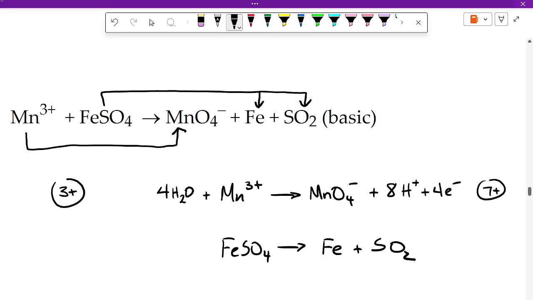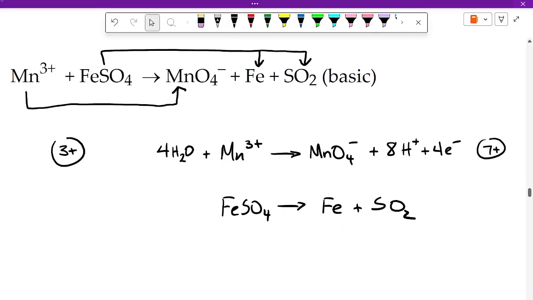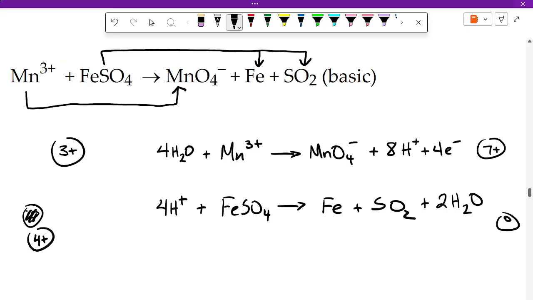So it should be 4 minus, right? 4e minus. Well, the S is balanced, is it not?